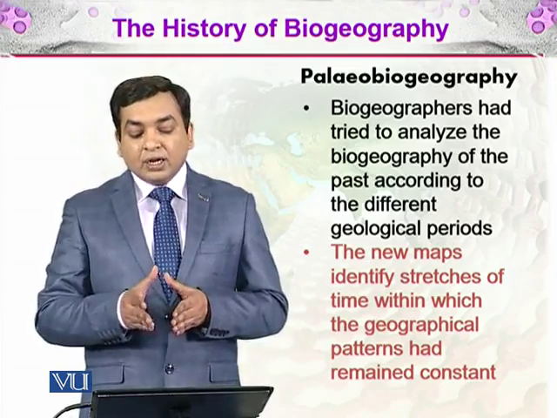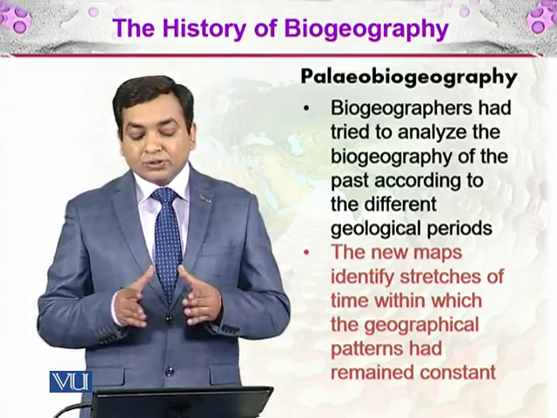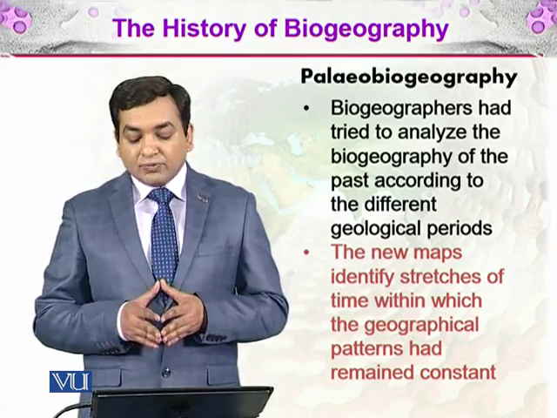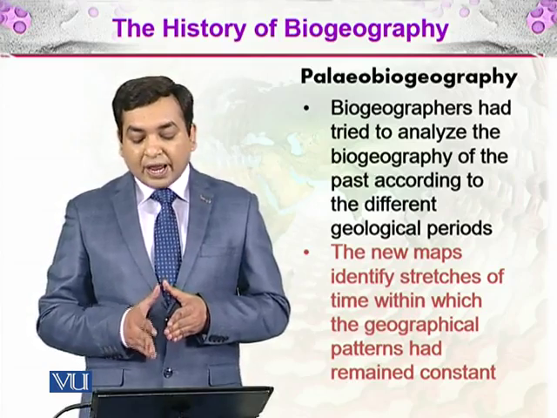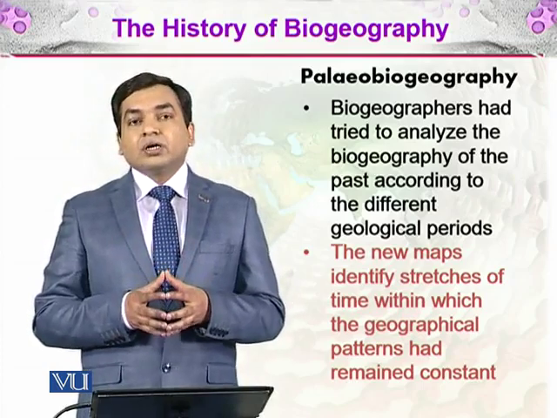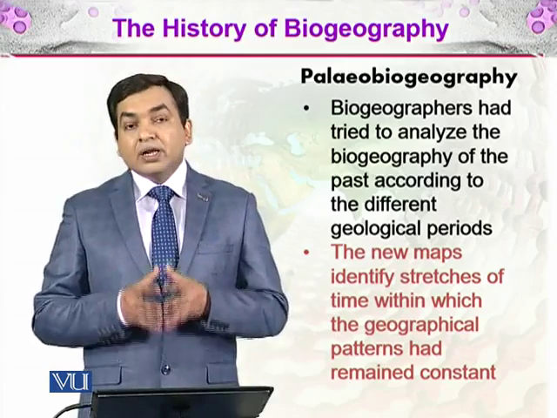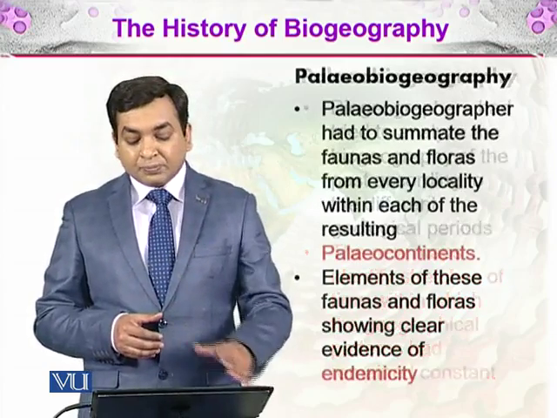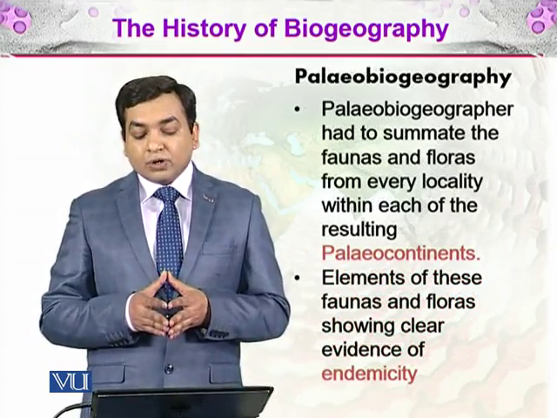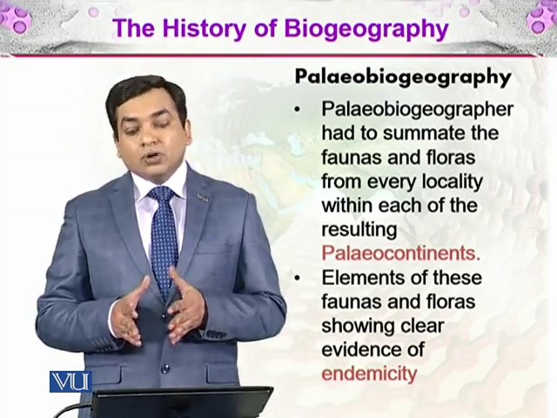Biogeographers tried to analyze the biogeography of the past according to different geological periods. The new maps identify stretches of time within which the geographical pattern had remained constant. So there were times when the geographical patterns were the same, and they were studying them more comprehensively. The biogeographer had to summate the floras and faunas from every locality within each of the resulting paleocontinents.